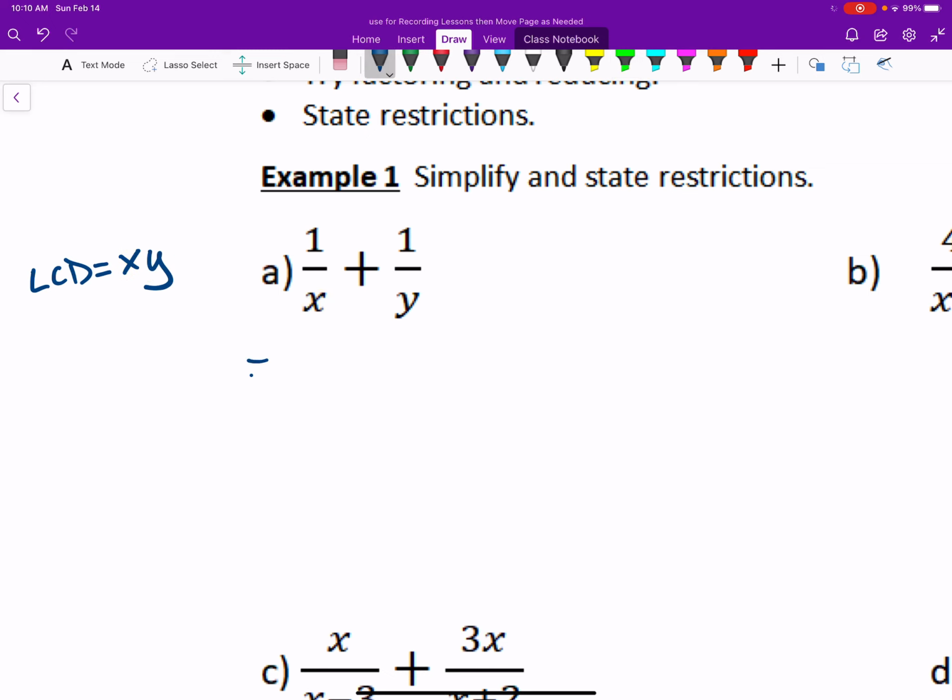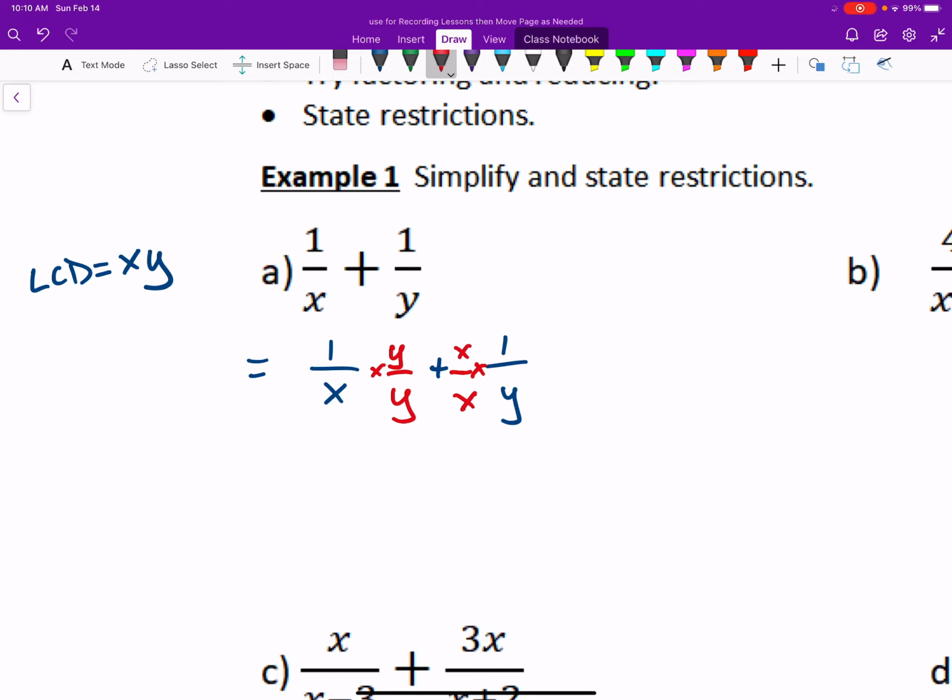So if I want to get that common denominator, this first fraction obviously needs to be multiplied by y on the bottom, but I have to multiply by y on the top as well. Otherwise, I'm changing the fraction. And we've seen this technique before. To get the other fraction to a common denominator of x times y, I need to multiply the bottom times x, which means I'm going to have to multiply the top by x as well.